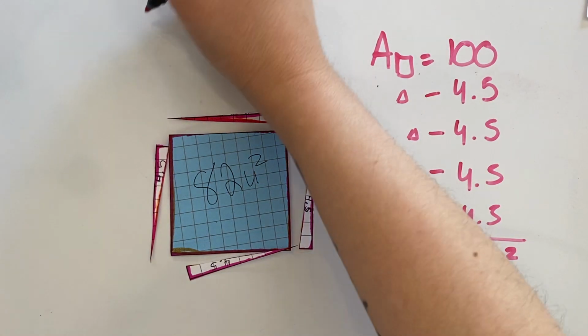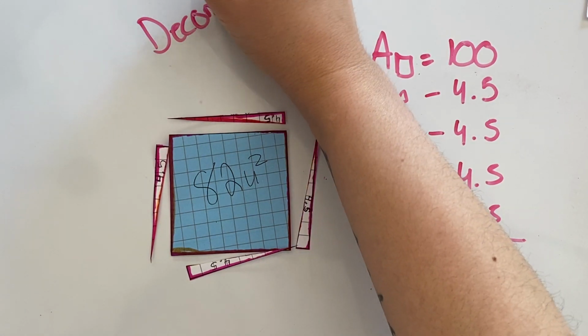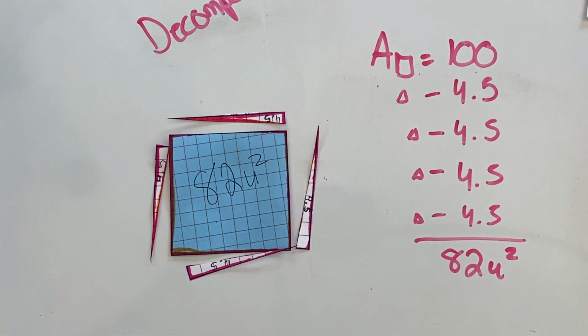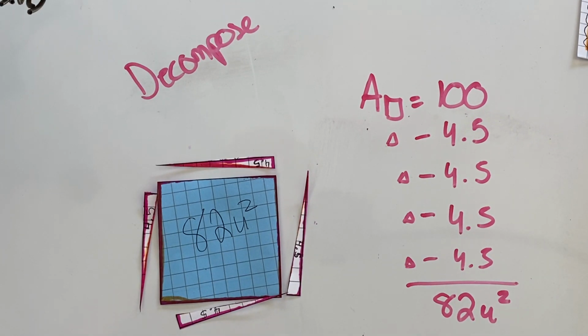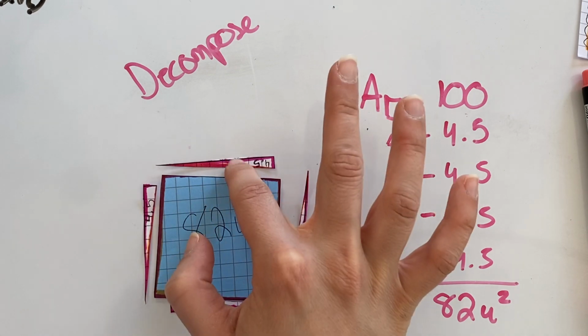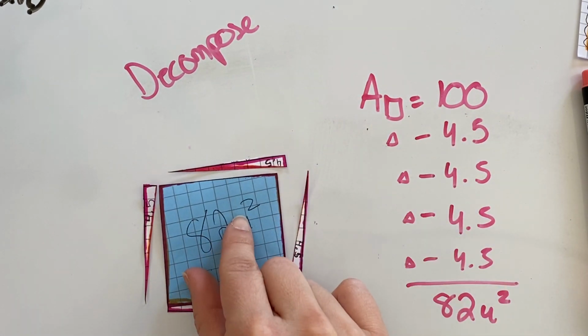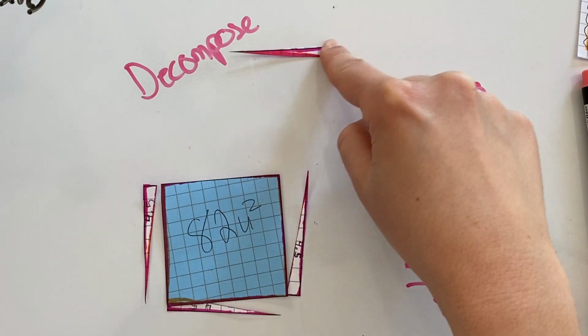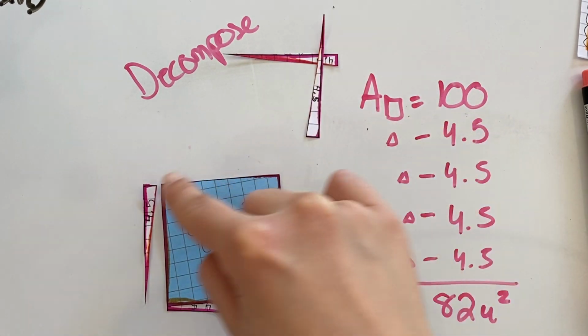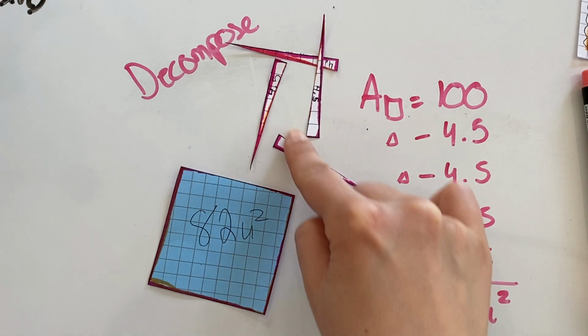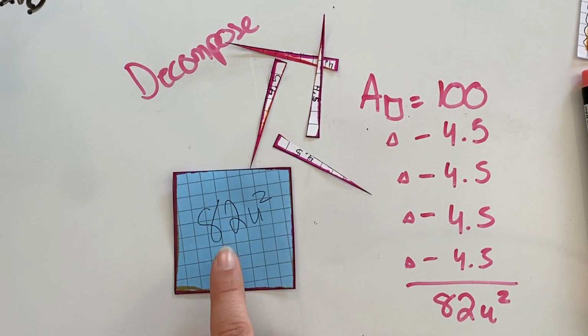That's the big math term, decompose. So I was able to decompose or break apart my big square by just removing or subtracting my known areas. So I subtracted away my triangles, and then I'm just left with the shaded area.